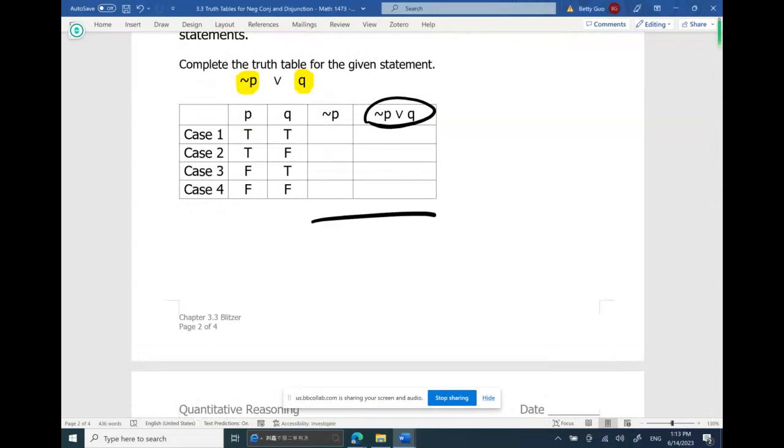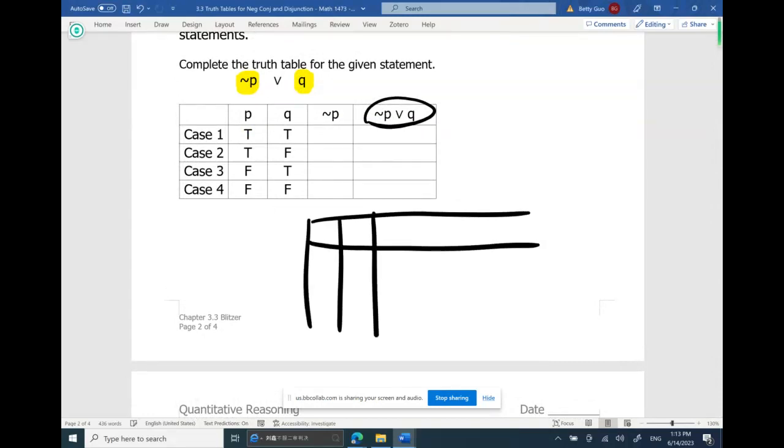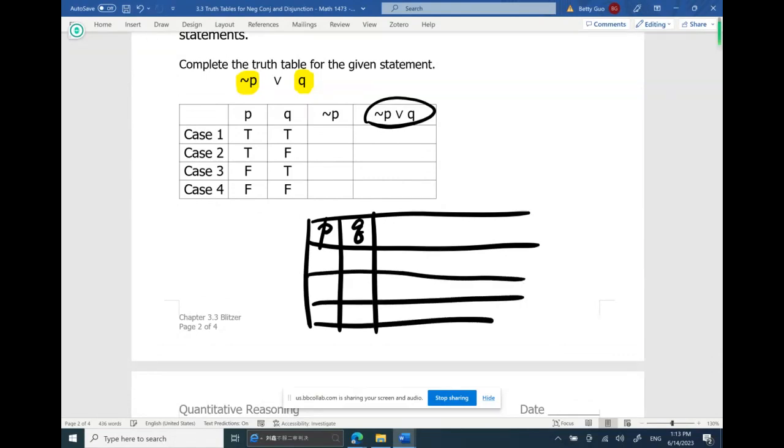Okay, so this is how I do it. I don't mind making a new table here. So this compound statement contains only two simple statements, P and Q. So I know I'm going to have four cases. Case 1, 2, 3, 4. And the four cases are true, true, true, false, false, true, false, false.